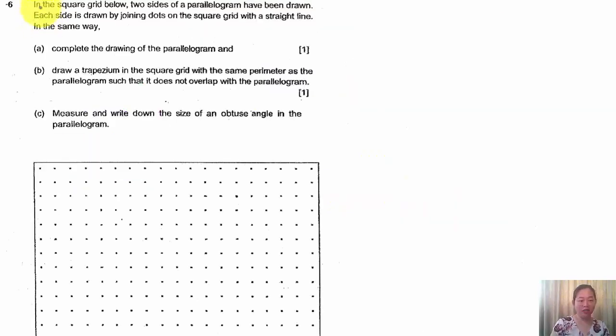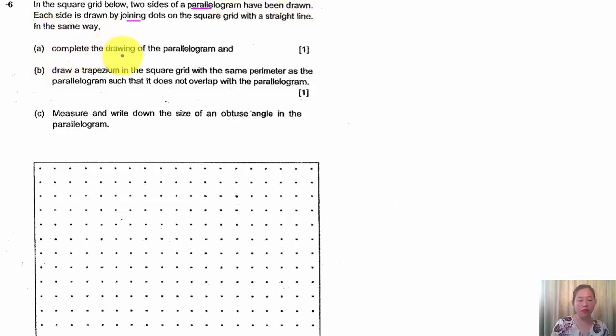Question 6. In the square grid below, two sides of a parallelogram have been drawn. Each side is drawn by joining dots on the square grid with a straight line in the same way.